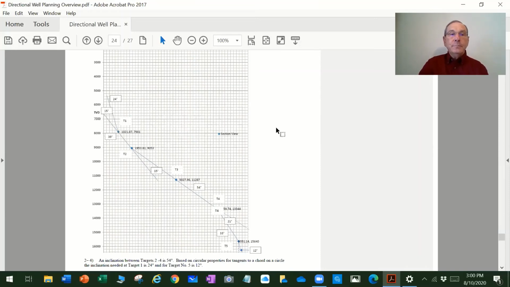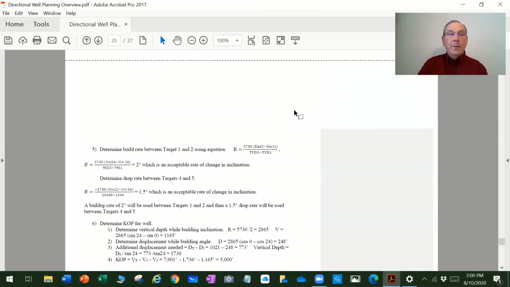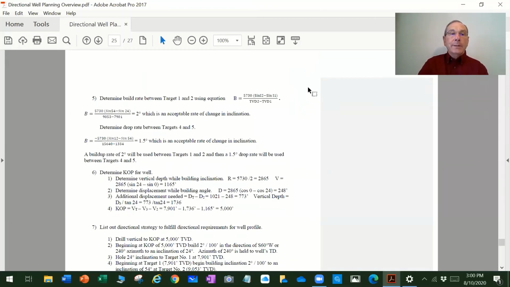Okay, so we know all the angles that we need at each target. So the next step is to calculate our kickoff point for the well and the rest of the information we need to come up with our strategy. So we need to determine the build rate between target number 1 and target number 2. We know the change in TVD.